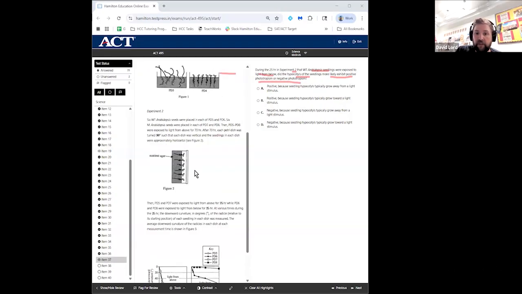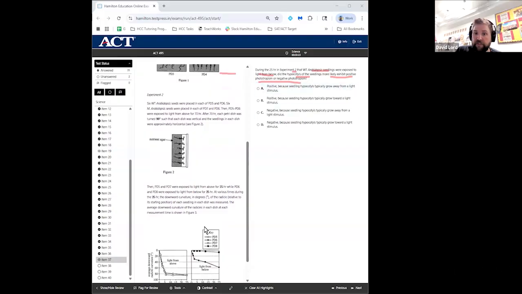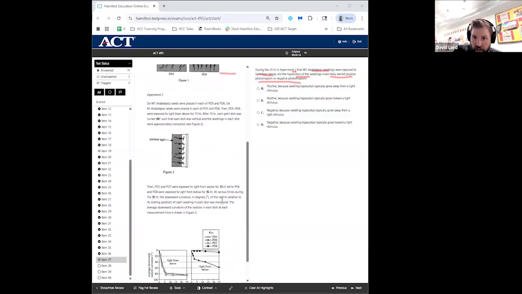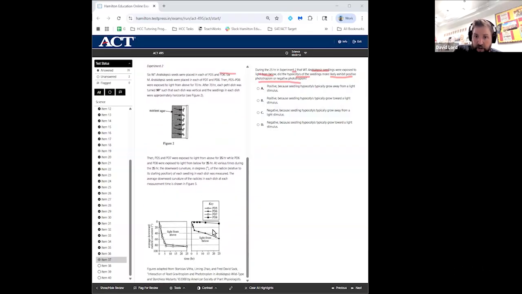So looking at experiment 2 and the results of it here, we have the light being grown from below, and that's the radicals. Let's go through it. Reading over it with y'all.